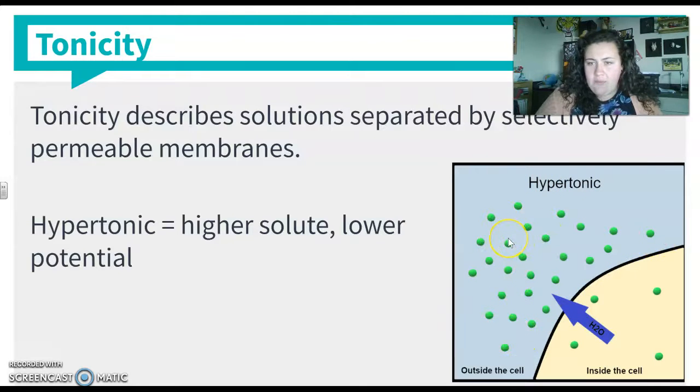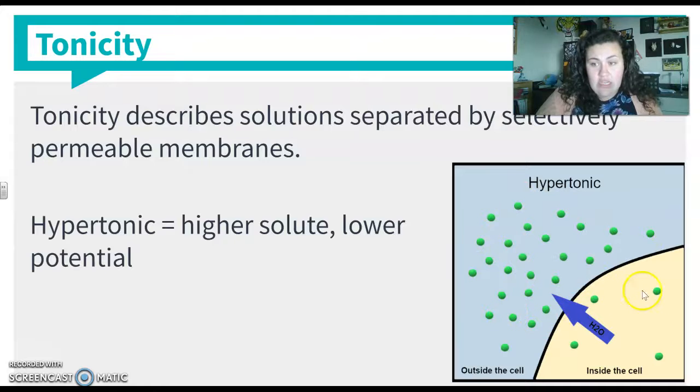So think about, maybe there's 20 water molecules. How many of those water molecules are going to be bothered by these solutes and how many of them are going to be free floating compared to over here? There's a lot more solute over here. There's a lot more stuff to interact with the water, so the water is going to be less able to move around because it's already interacting with all these solute particles.